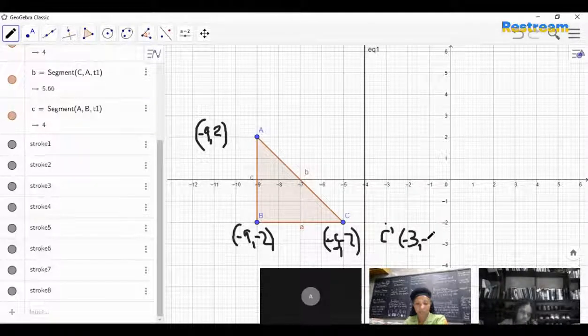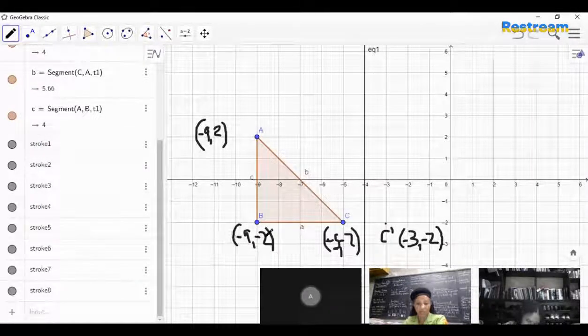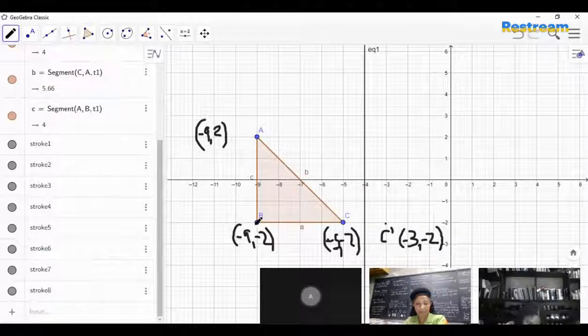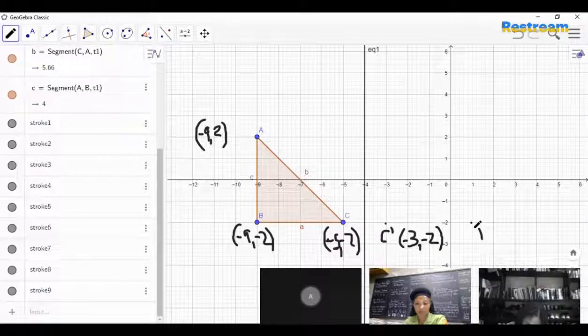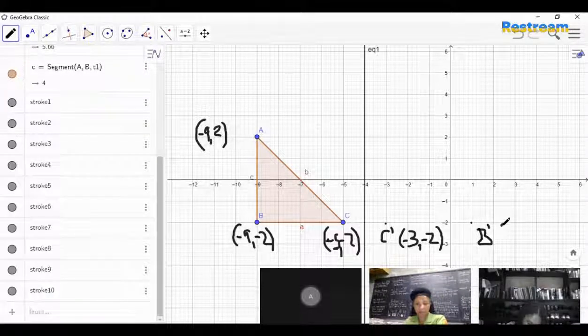And for B prime, it's 5 boxes from the mirror line, which would take it here. So what are the coordinates for B prime? Asar? Can you hear me, Asar?